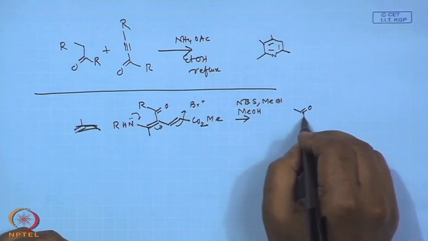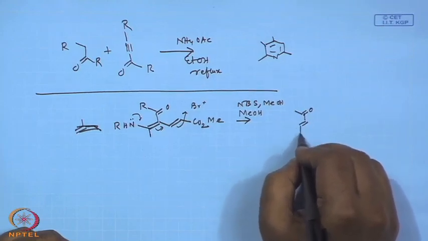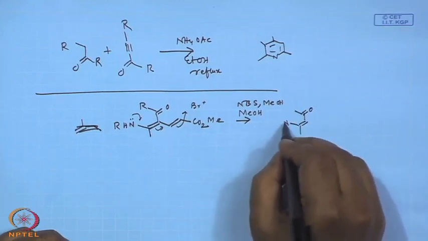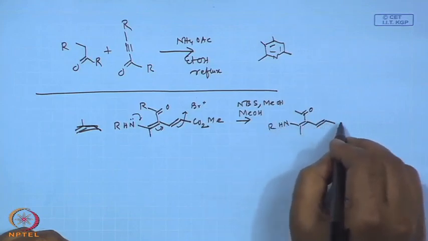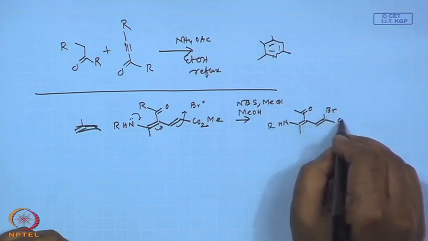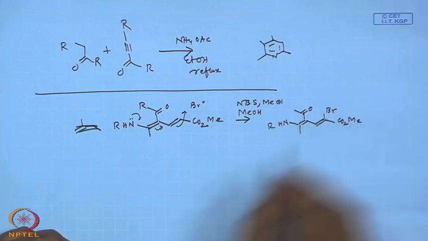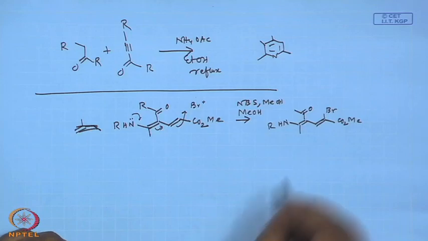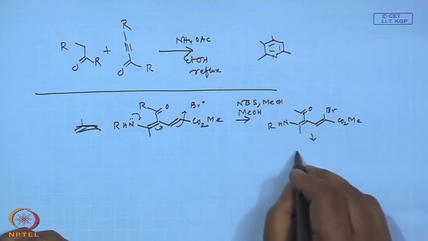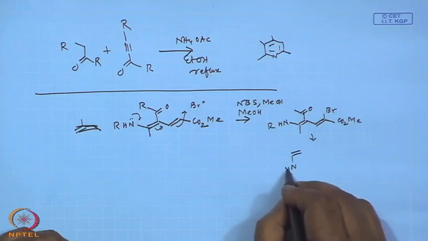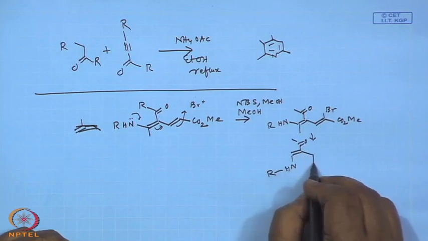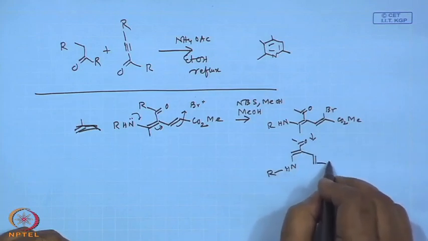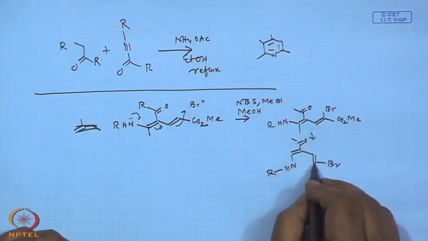so R double bond, then this again NH R. So, initially it would first form the corresponding bromo derivative, and then what? Then it will isomerize. All these things would be isomerized like the previous example, that amine would come on this side, the carbonyl on this side, then this double bond would move, this bromine would move here, again thermal isomerization.